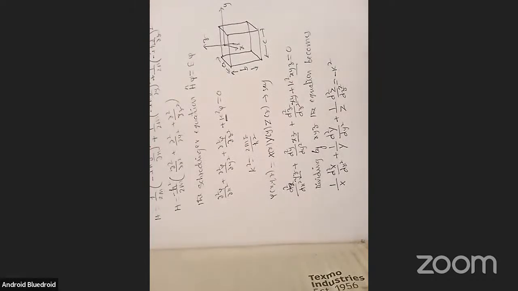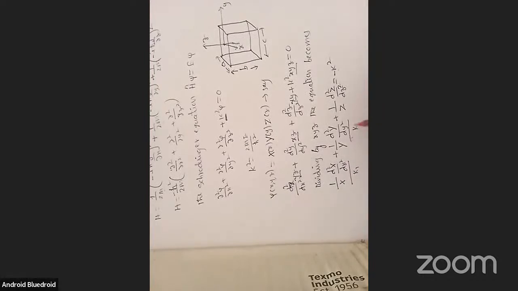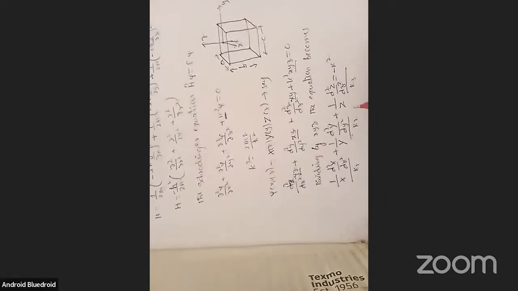This is the constant K. This one is K1 square, this is K2, this is K3, so it is separated by formulas here.